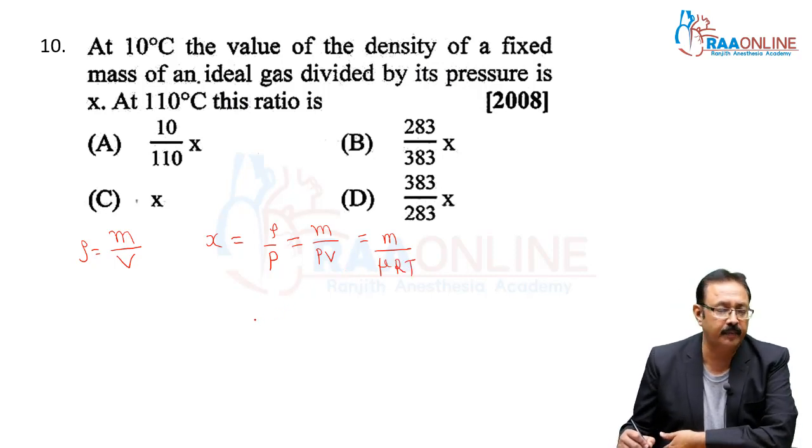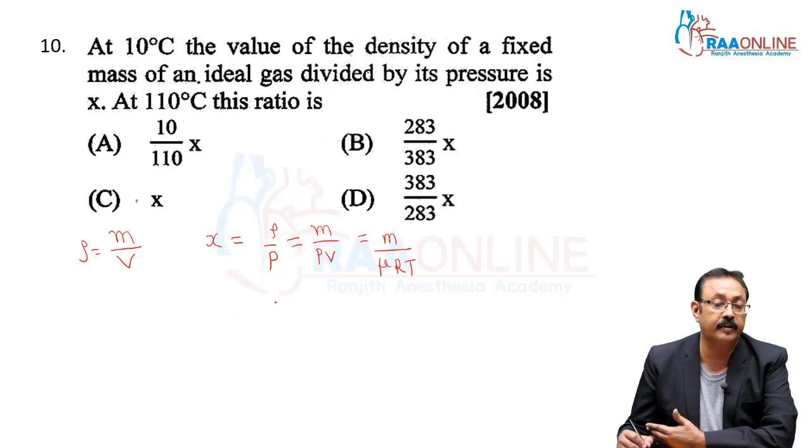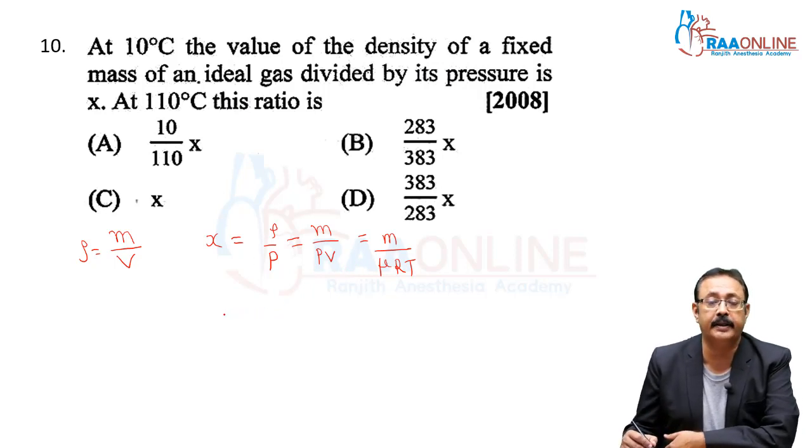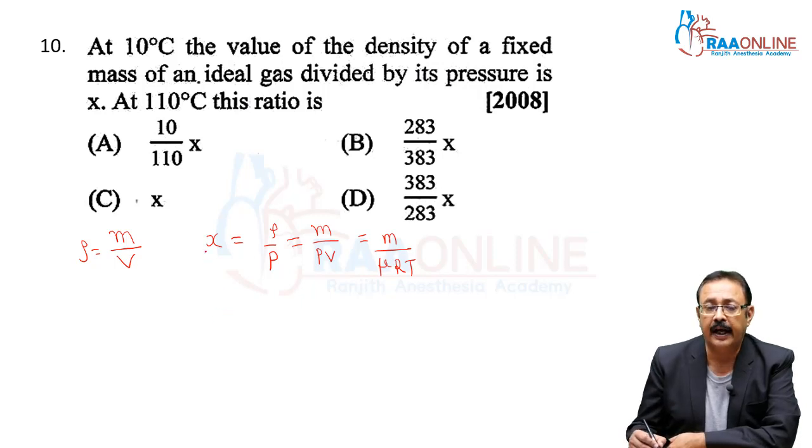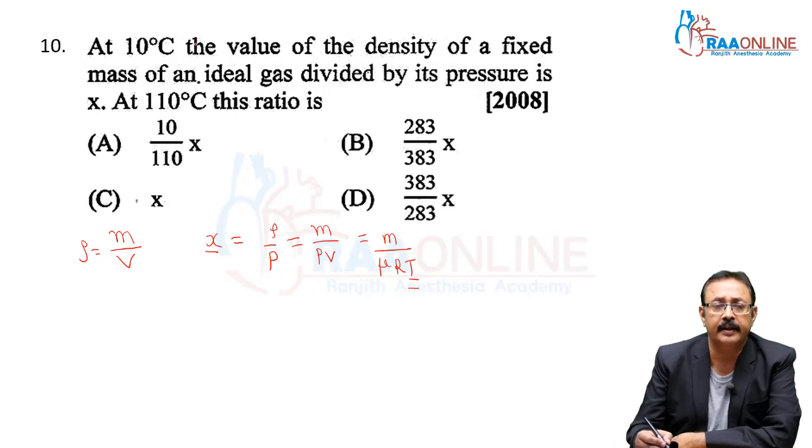So what can we observe at this place? We want a relation between x and temperature. What they are asking is that at 10 degrees centigrade this ratio was x. What is the value of the ratio at 110 degrees Celsius? So now you have the relation.